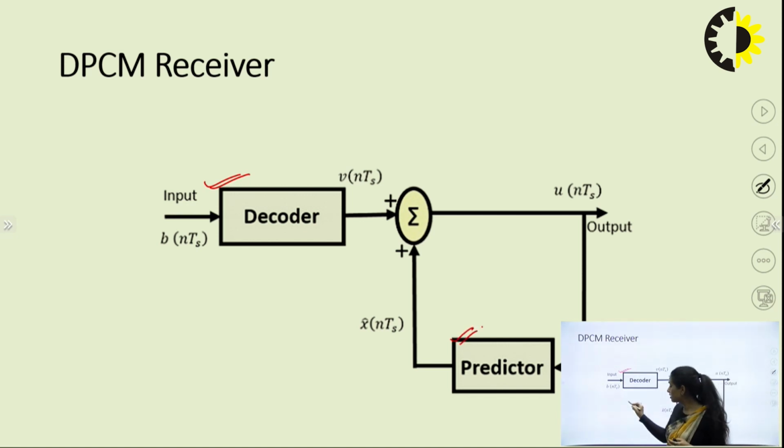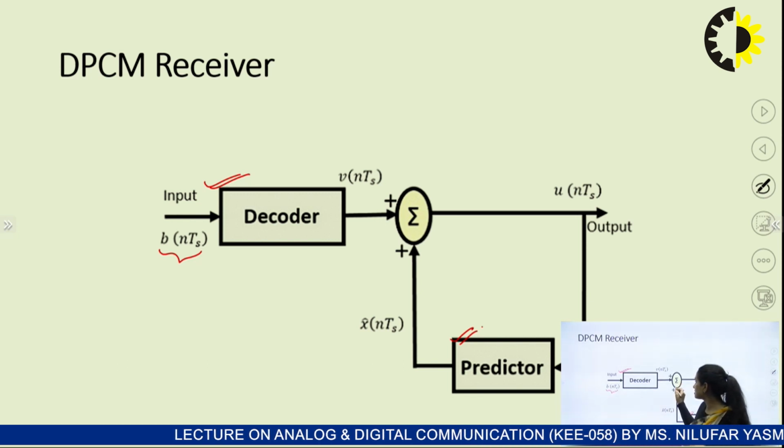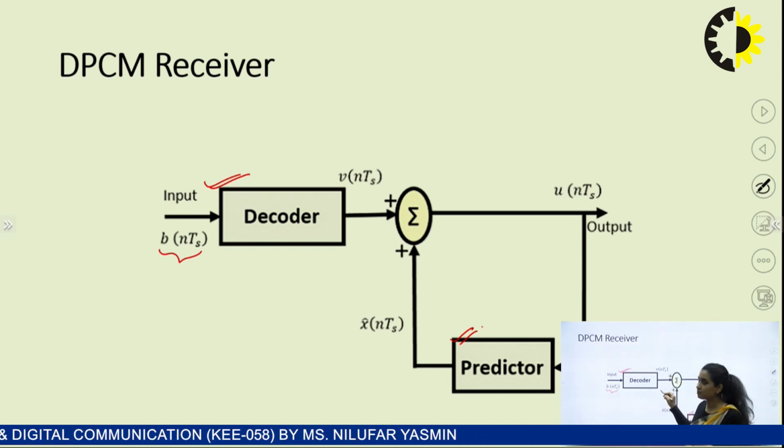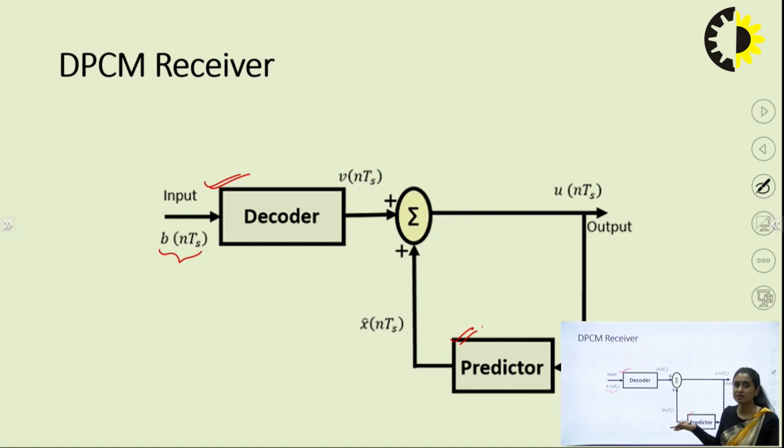Input to the decoder will be my binary bits, hence represented as b(nTs), right? To this summer circuit, one of the inputs is the decoded version of the binary input that I received through the channel, and another input that I give is through the predictor circuit, which is the predicted version of my sample, right? And how do I get it?